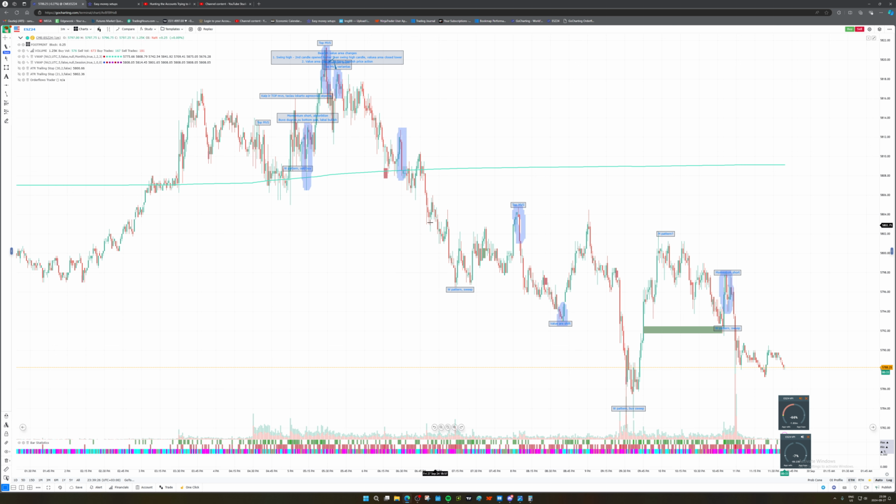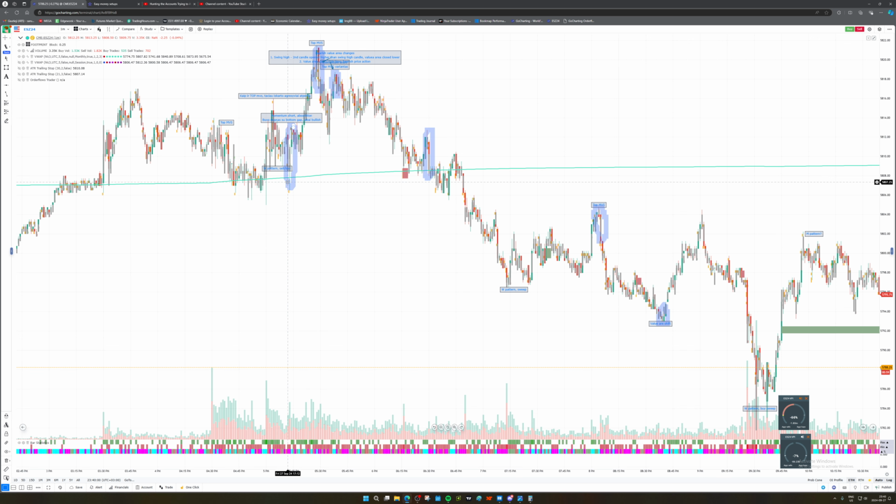But as a day trader, as a scalper, I want to see aggressive shifts in the volume at the swing lows or swing highs, because if volume is shifting, let's say over here, from high to low, it means that somebody is pushing price lower. And in this area, volume is shifting from lower to higher.